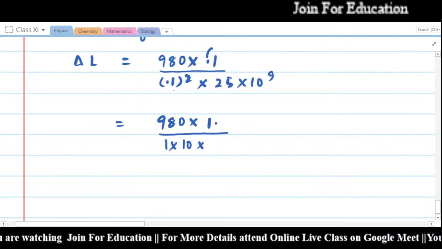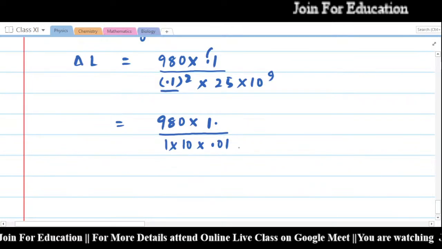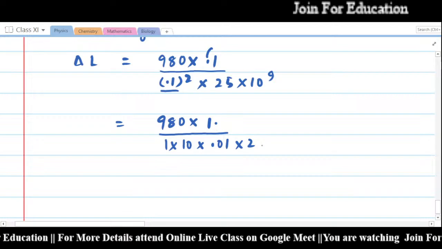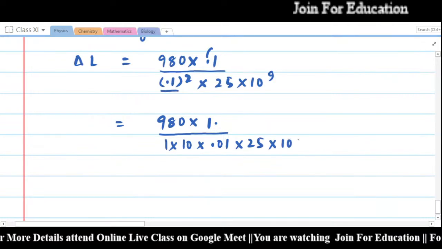Again the square of this one will be 0.01 into 25 into 10 to the power 9.